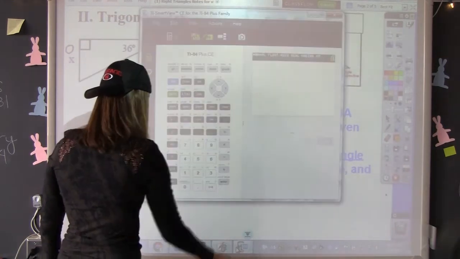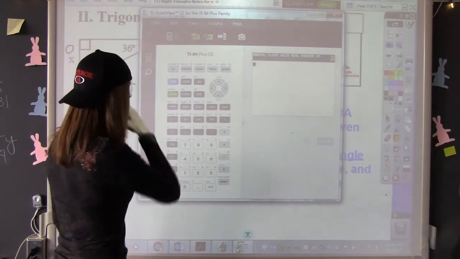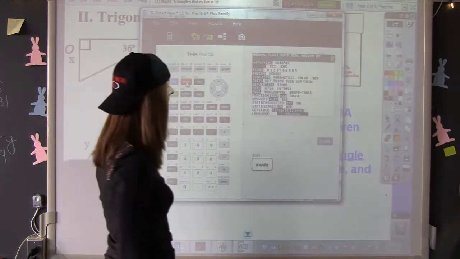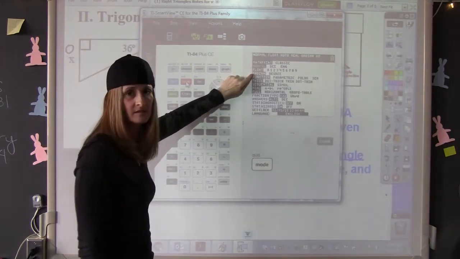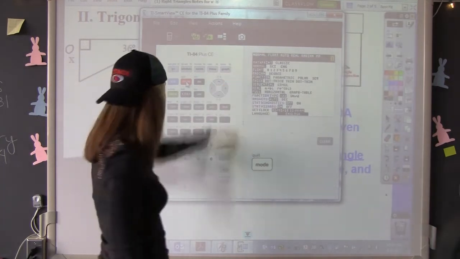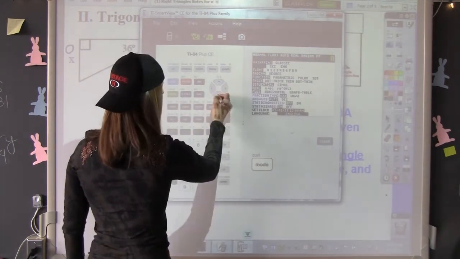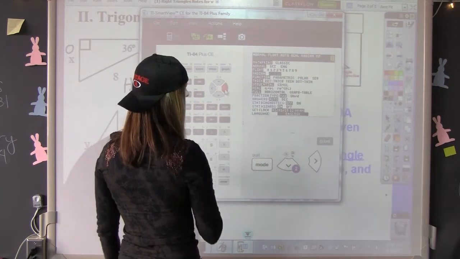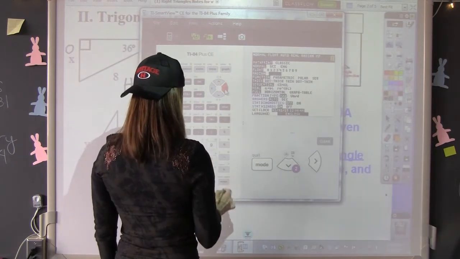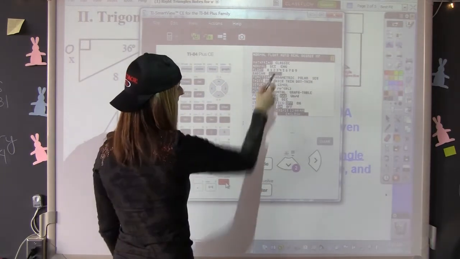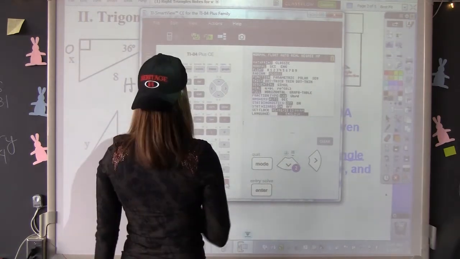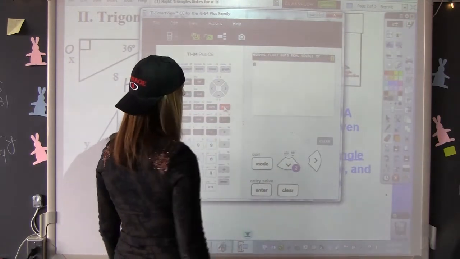Okay? The calculator has to be in degree mode first. So let's go to the calculator. So, mode, my calculator right now is in radians. So I need to change it to degrees. Okay, now degrees is highlighted. All right, clear?